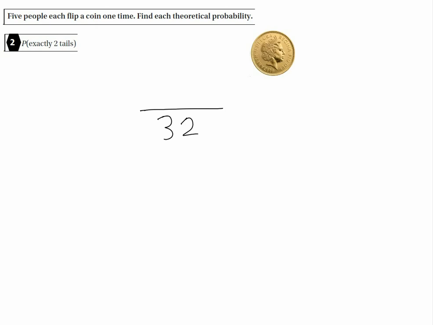My question now, how can we get exactly 2 tails? It's very easy. From our 5, we want to find 2 tails. So it is 5C2, because we have 5 spaces and we want to fill them with 2 tails. How many different choices do we have? And why do we select C? Because order has no importance here. So in this case, we are going to calculate 5C2 over 32.